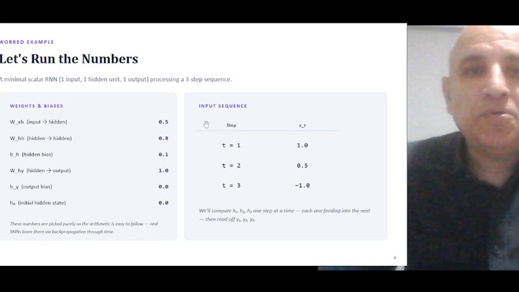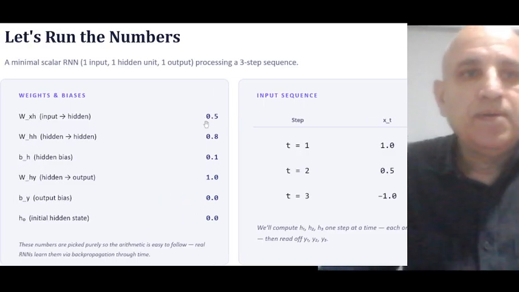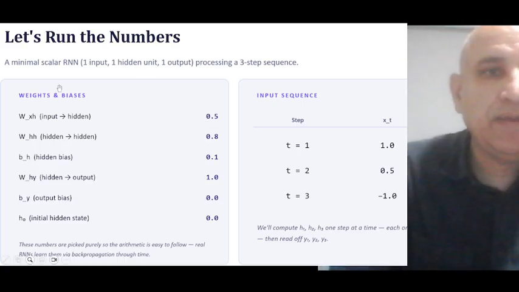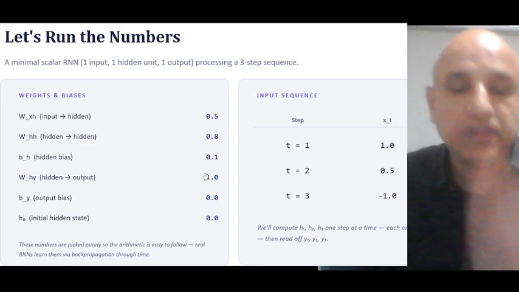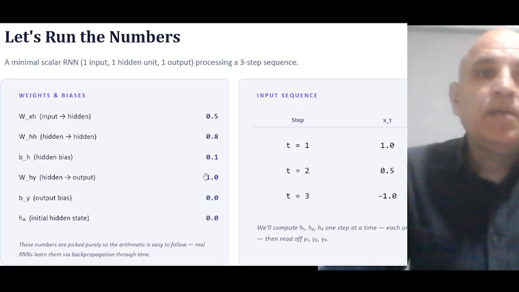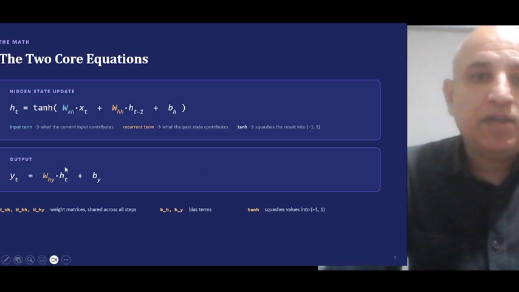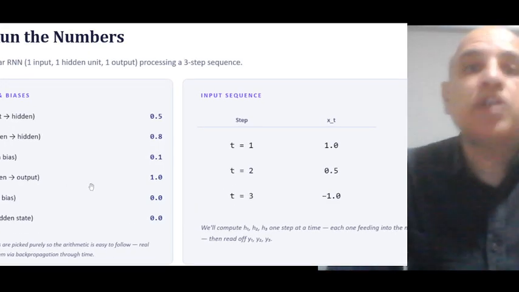So now I wanted to show you with some numbers. Suppose we initialize all the weights and biases that we need for the above equations for finding the hidden state and the predicted variable y. All these weights and biases that we saw in the previous page, we can initialize them.